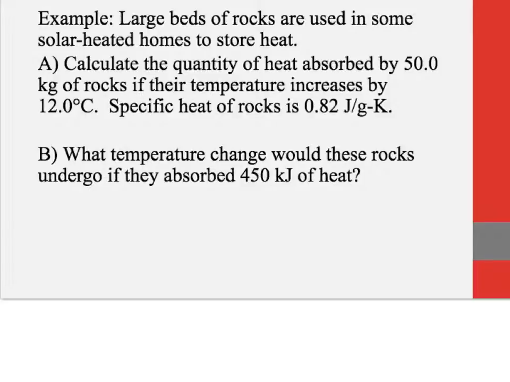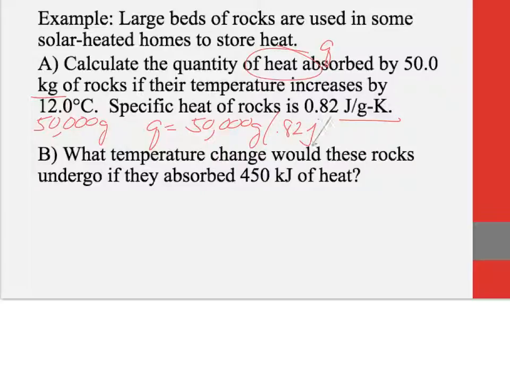So I am finding my heat, which is Q. I notice I have a disagreement of units: kilograms and joules per gram. 50 kilograms would be the same as 50,000 grams. So my Q is going to be equal to 50,000 grams times 0.82 joules per gram dot Kelvin.